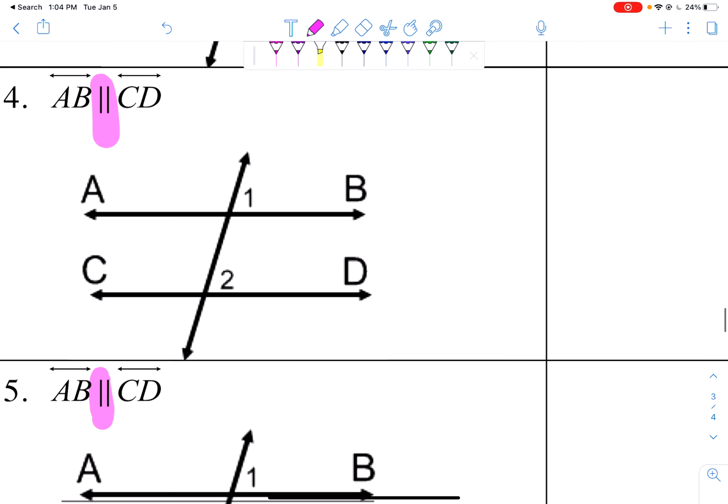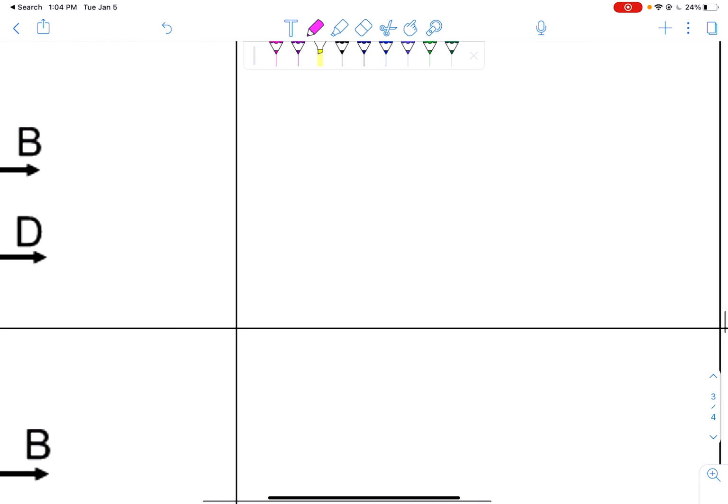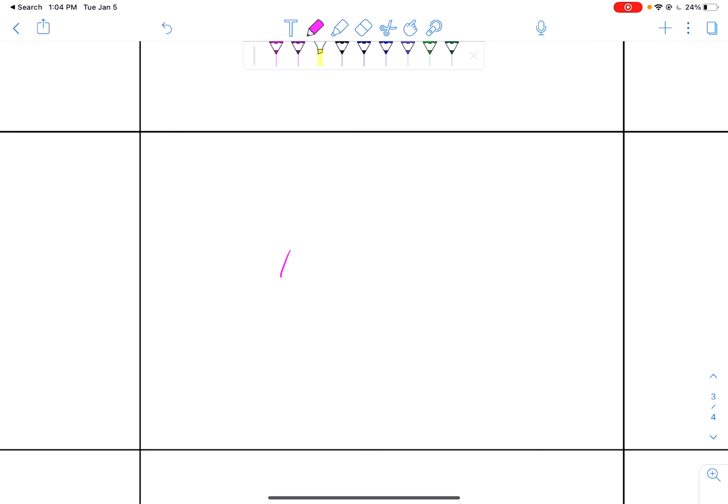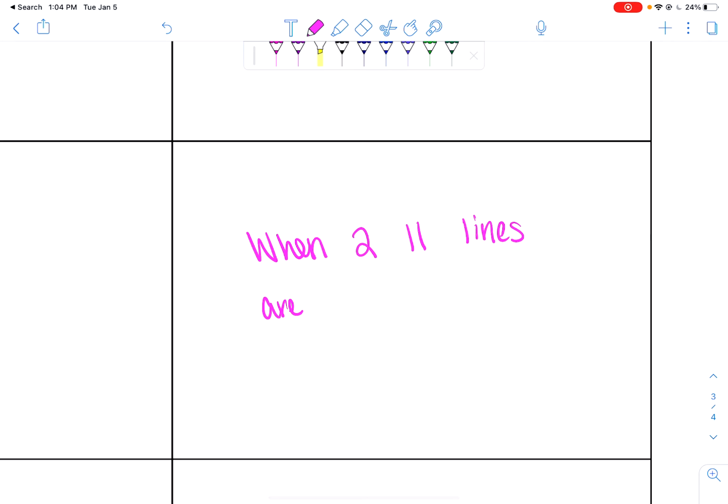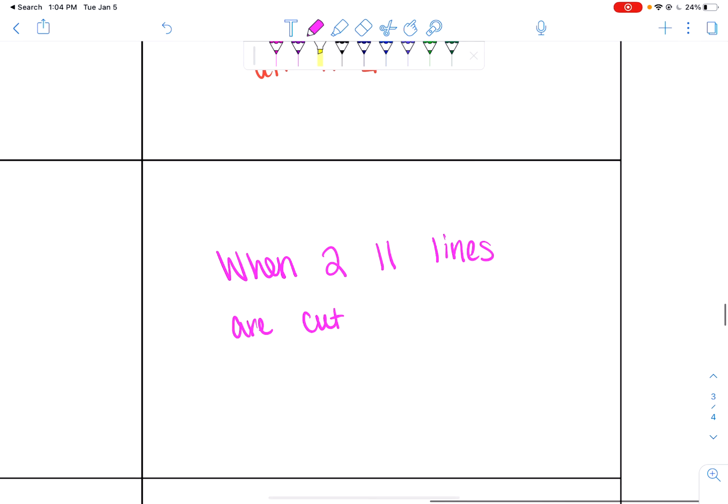They are actually corresponding angles. So I can say angle 1 and angle 2 are congruent to each other again. So for this one, I can say when two parallel lines are cut by a transversal, corresponding angles are congruent.